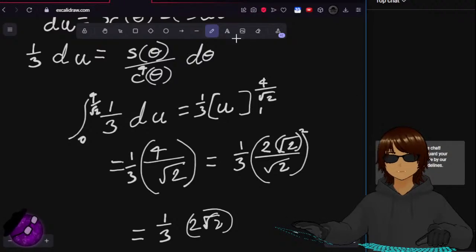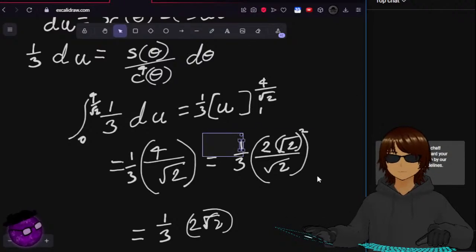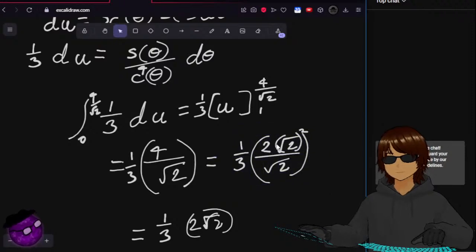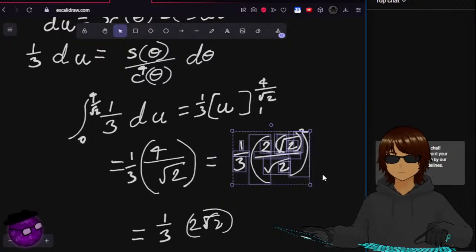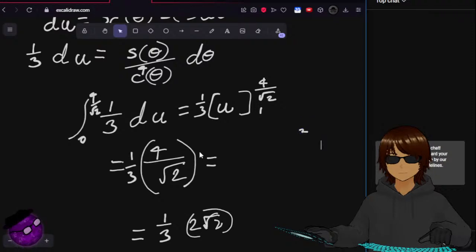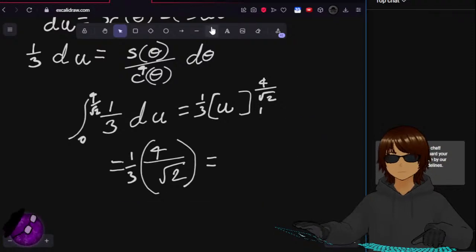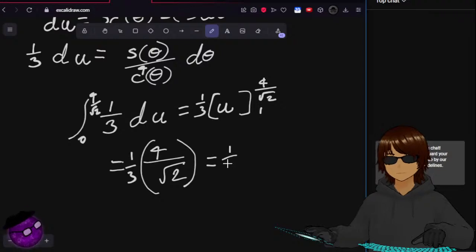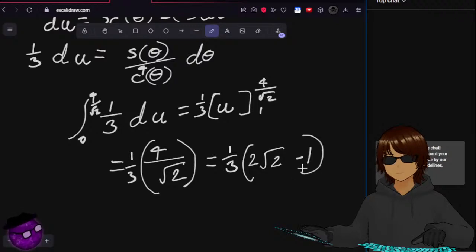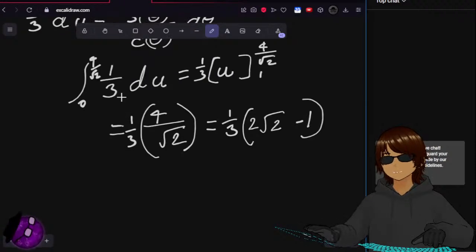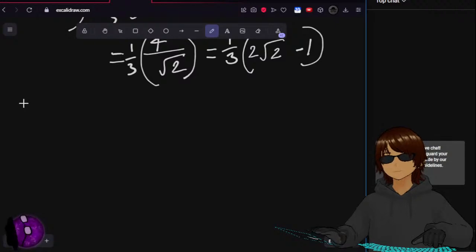That would explain everything. I can write it as 2 root 2 and then negative 1. Right. Next chapter, finally.